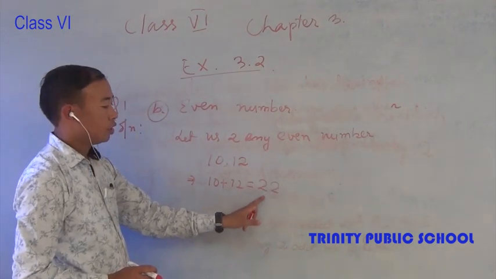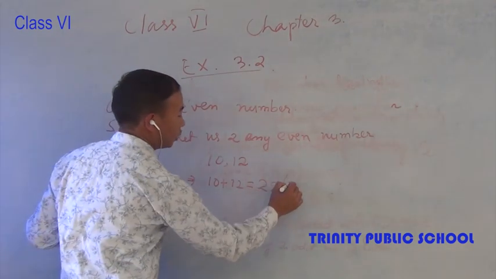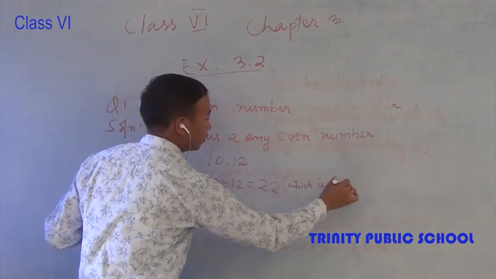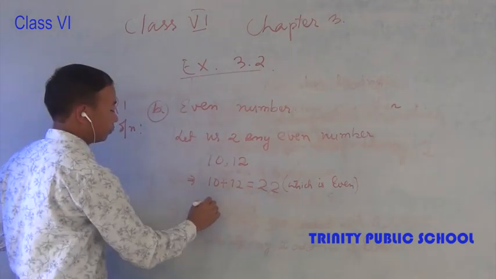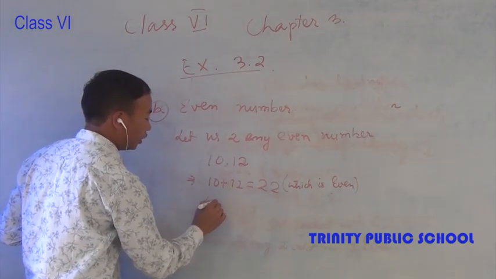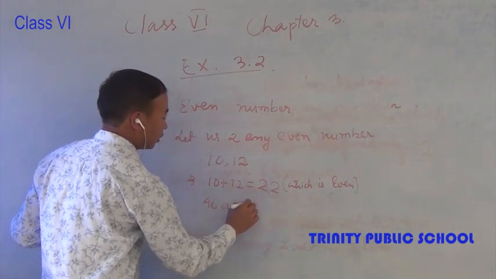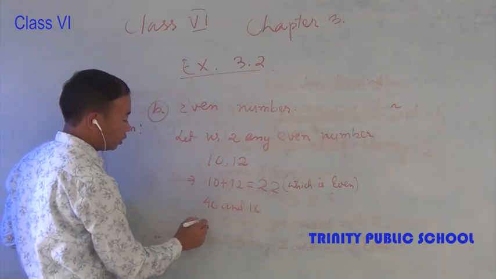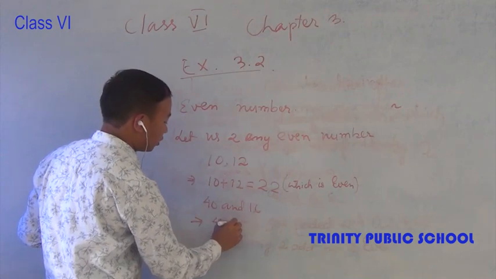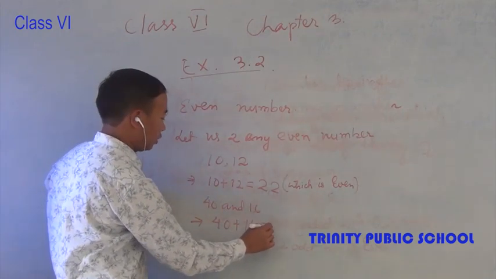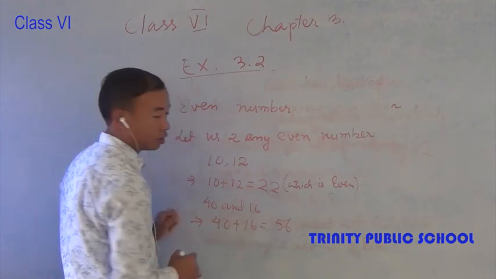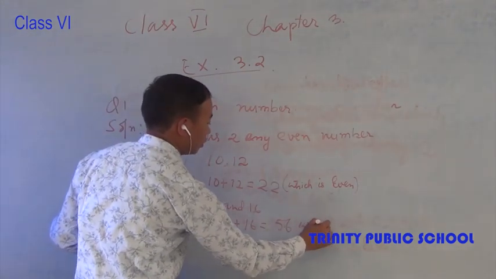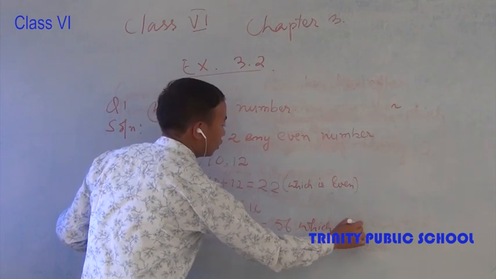There also comes an even number. Another example, 40 and 16. What is the sum of these two numbers? 40 plus 16 is 56, which is an even number.